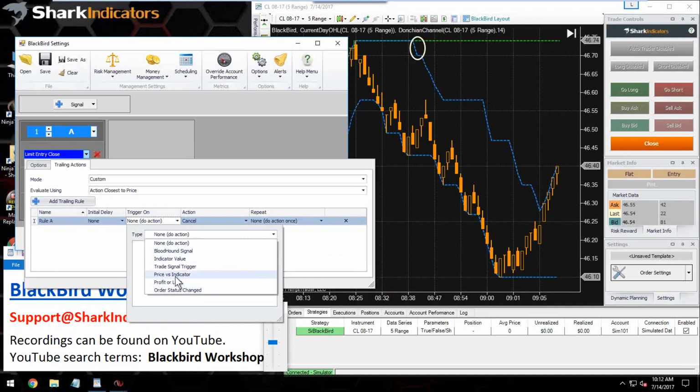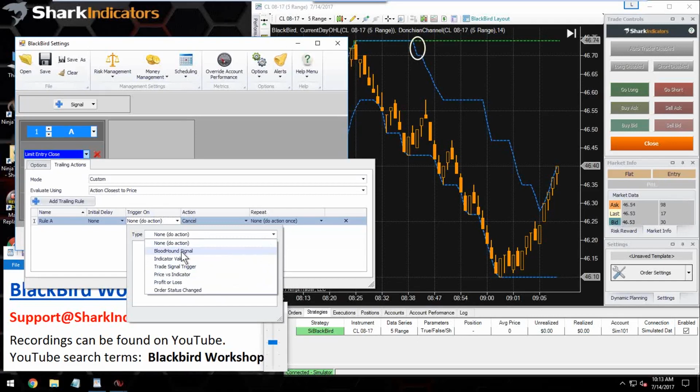We could do it one of two ways here. First, you could build a simple Bloodhound signal that detects when the Donchian channel separates from the daily high or daily low.